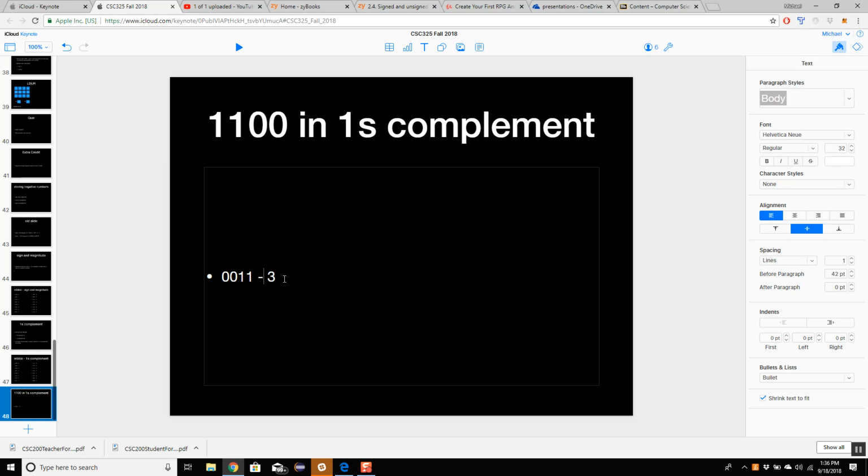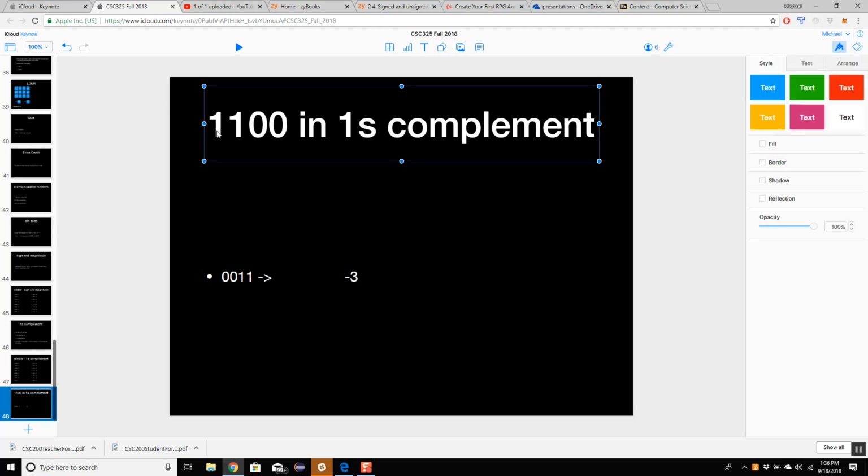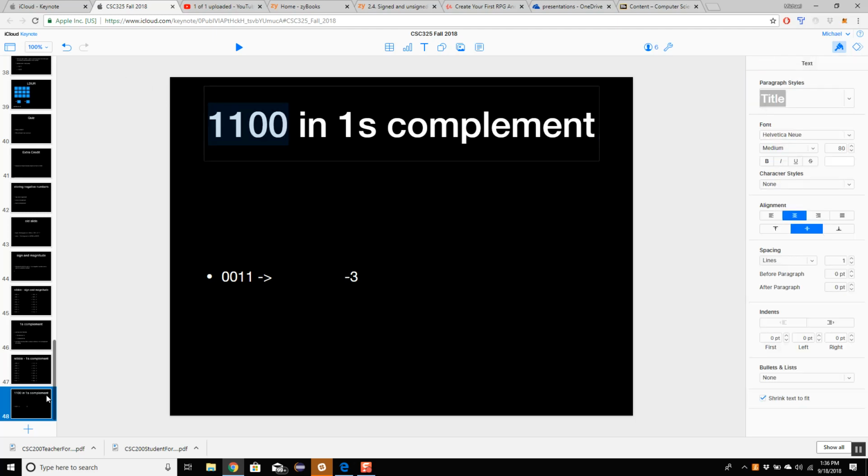And since it was encoded in ones complement, we're going to say it's a -3. That makes sense? So we had to decode it and then put the negative in front of it because we knew this was a negative number up there.